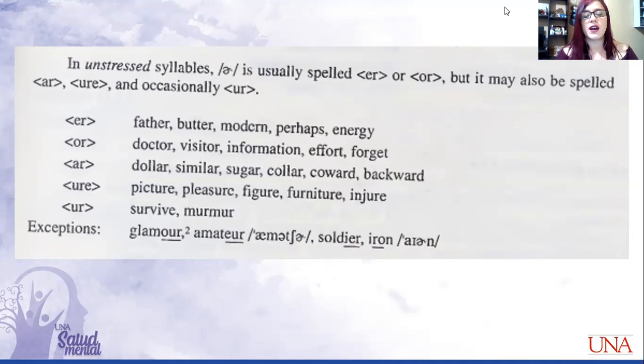And we have 4 different exceptions here that do not follow any of these common spelling patterns: glamour, amateur, soldier, and iron. Soldier and iron. Okay.